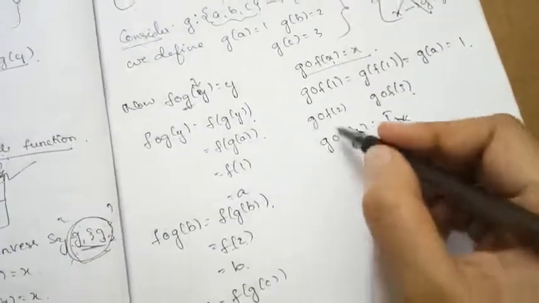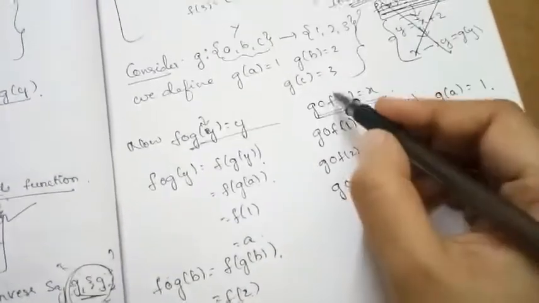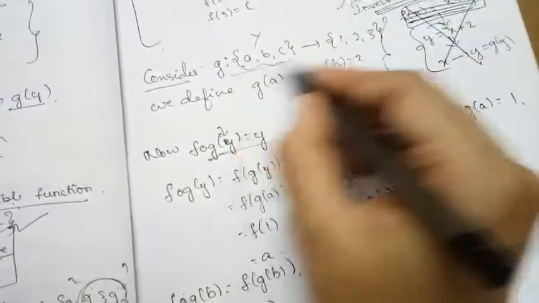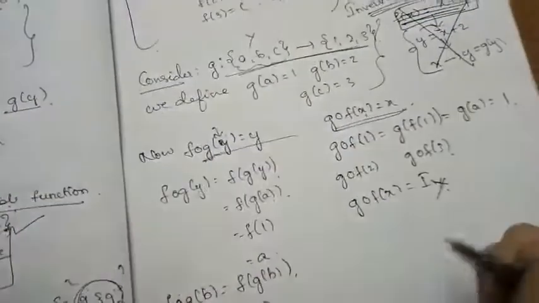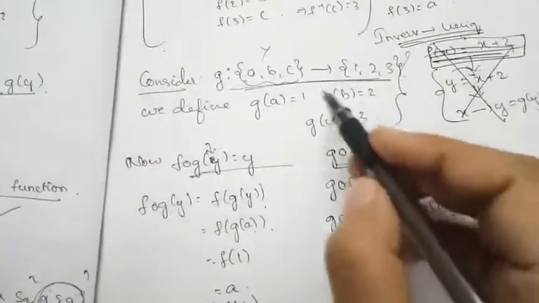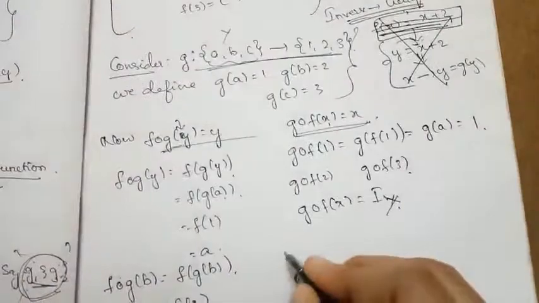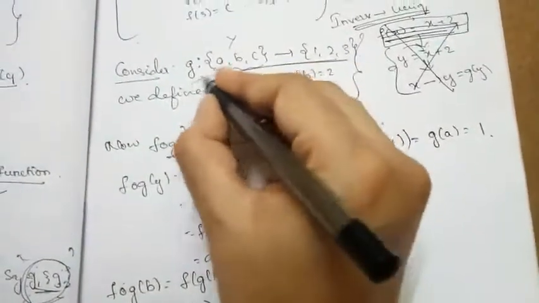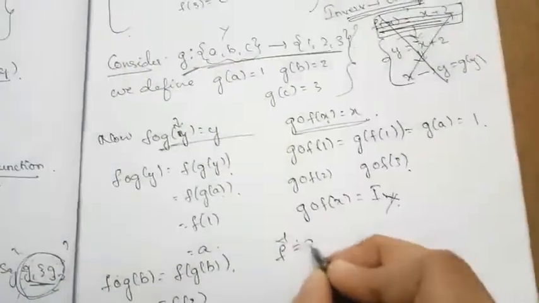So now you proved these two things, which means we can say the function f is an invertible function. Invertible function means the inverse exists. So what is that inverse? That inverse, f inverse, is nothing but the function g.